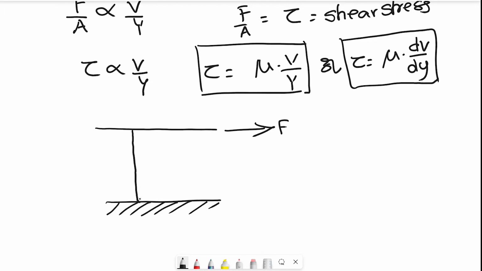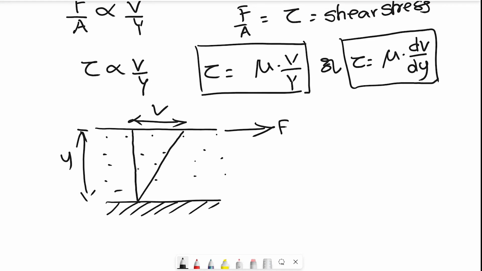Suppose the velocity is V here and this distance is y, all filled with fluid of viscosity mu. Now if I take two layers at a small distance y from the plate, the velocity is small v. In a small distance dy, the velocity change will be dv plus v.